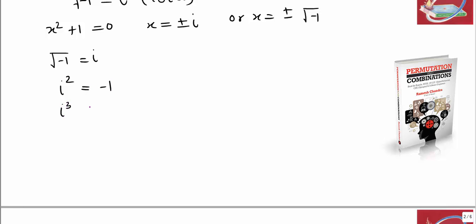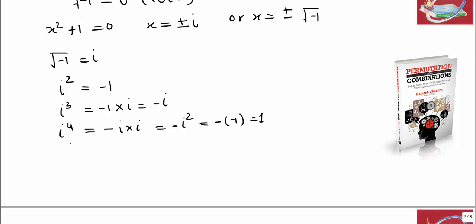I cube, if we multiply by I, we get minus 1 into I, that is minus I. I to the power 4, if we again multiply by I, we get minus I square, and since I square is minus 1, that is equal to 1. So I to the power 4 is equal to 1.